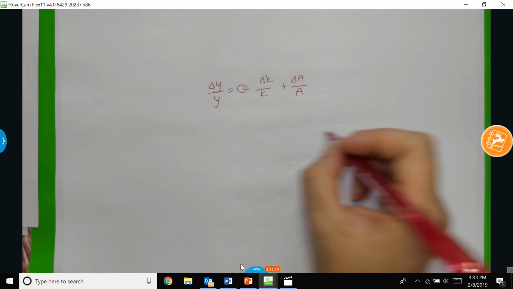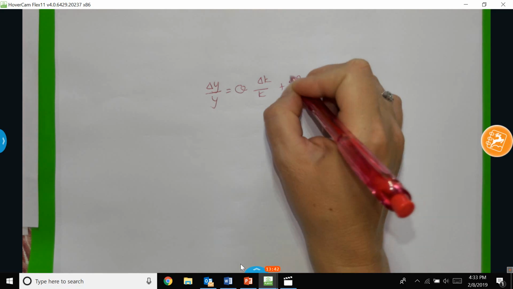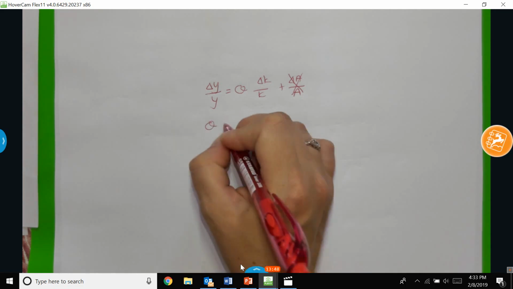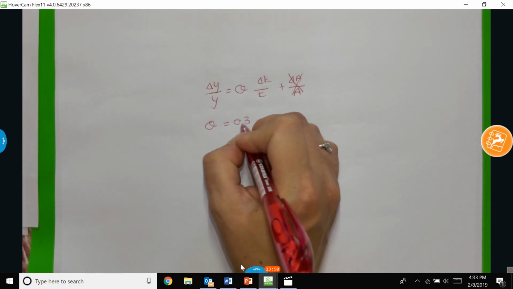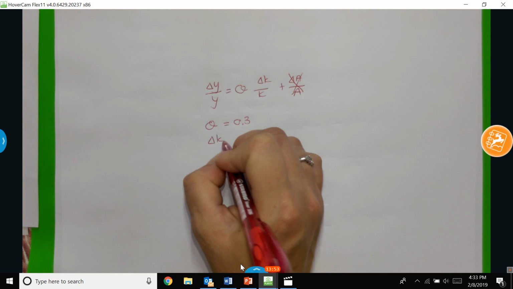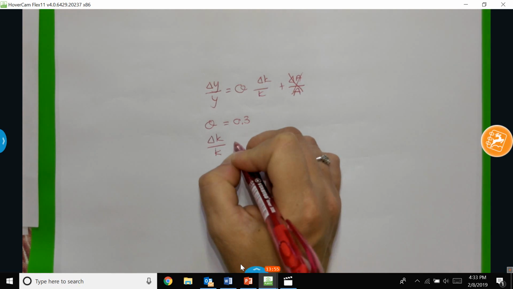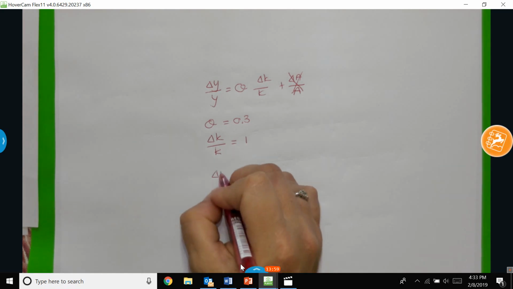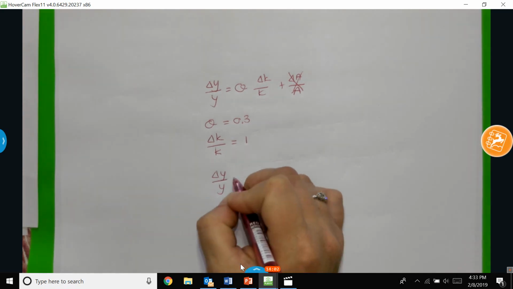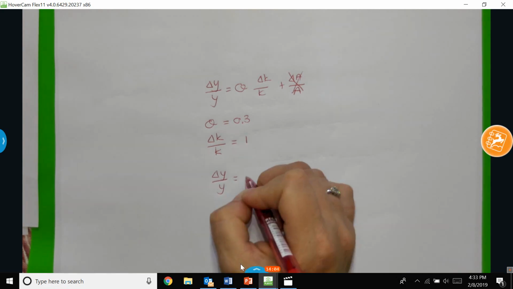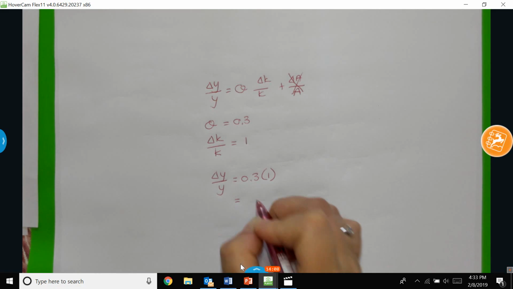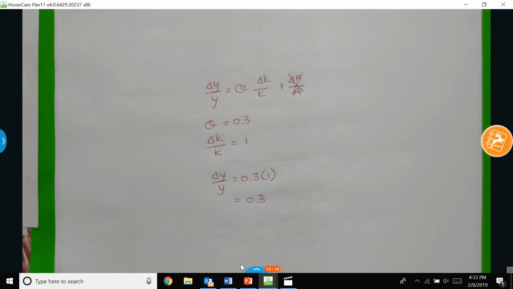And what we can see is, if we say that there's no technological change, so if we take that part of the equation out, let's say that theta is equal to 0.3, and let's say that the growth rate in per capita capital stock is equal to 1%. Then what that's telling us is that total per capita output growth is going to be equal to 0.3 multiplied by 1. And that is simply 0.3.